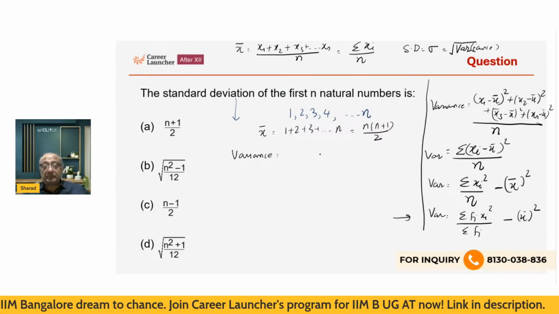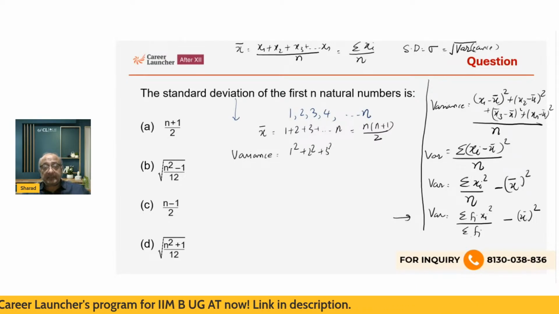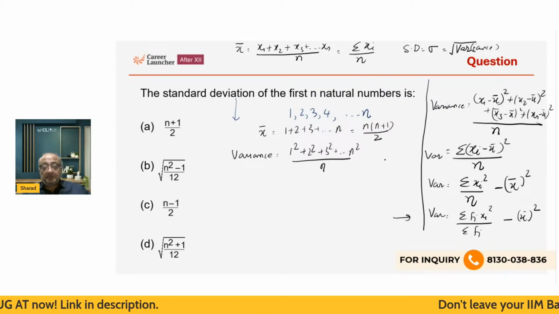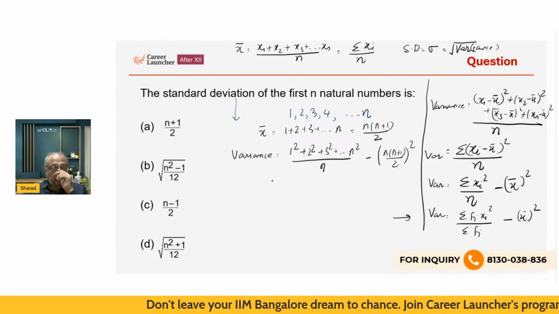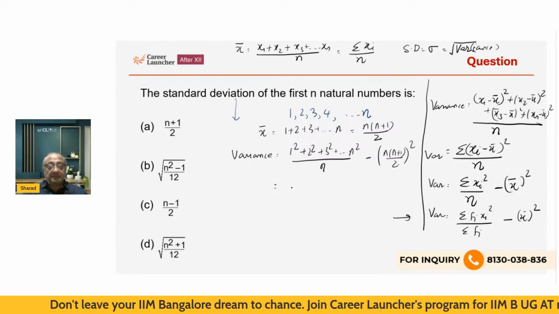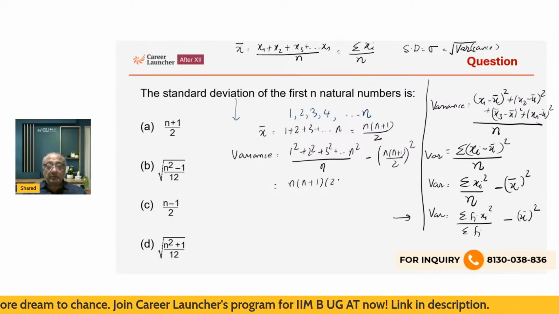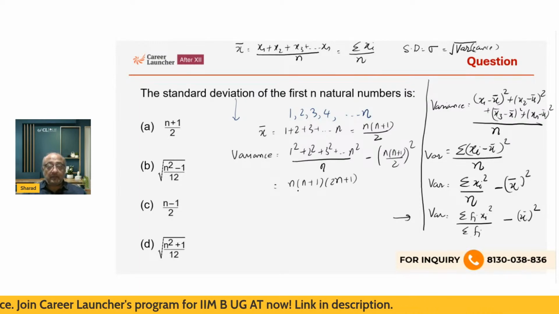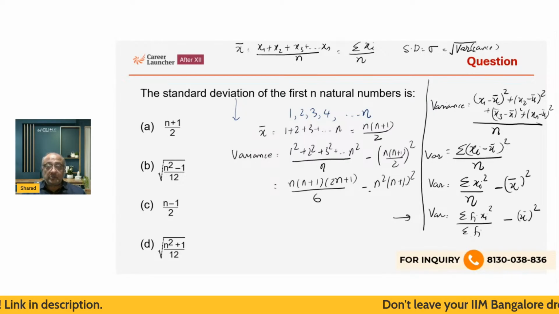Variance is equal to, children, 1 square plus 2 square plus 3 square plus n square upon n minus n into n plus 1 by 2 whole square. So this value will be n into n plus 1 into 2n plus 1 by 6 minus n square into n plus 1 whole square by 4.